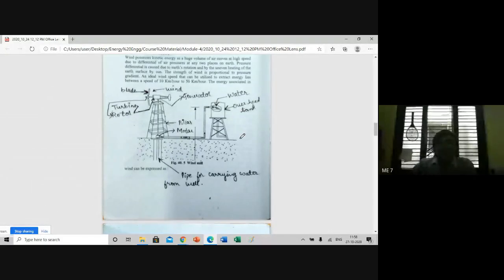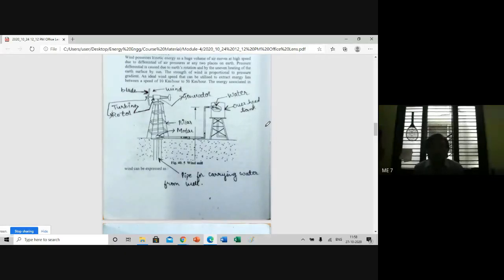So these are the main parts of a windmill utilized for lifting the water from underground and sending that water to the tank over the tank. Look at the diagram. This is a general application, one particular application.